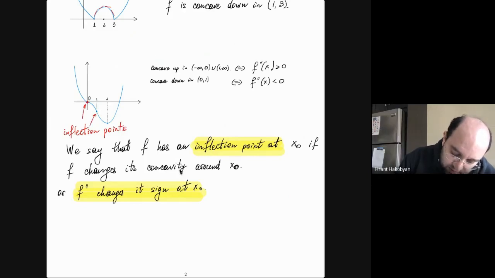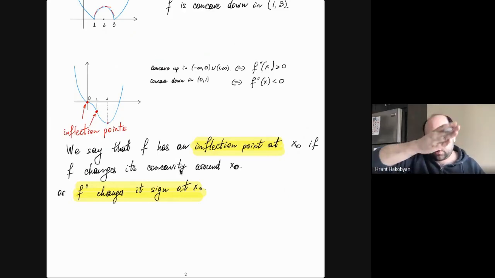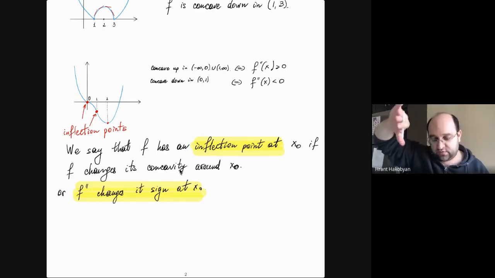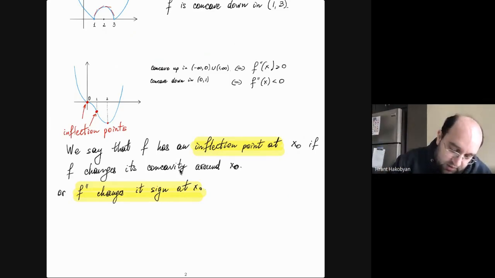This other point is not an inflection point because it keeps its concave up on both sides of that point. But around this point, it goes from concave down to concave up, while around this point here, it goes from concave up to concave down, right?